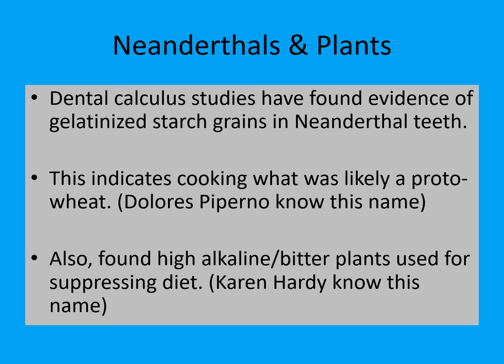So the Paperno study indicated something pretty important, that Neanderthals, yes, did know about plants as food and knew how to cook them for food as well. And the Karen Hardy study shows that they also had a very keen eye for those medicinal plants, right? They knew which plants to use to suppress diet for when they were going on these long migration journeys or these long hunts.